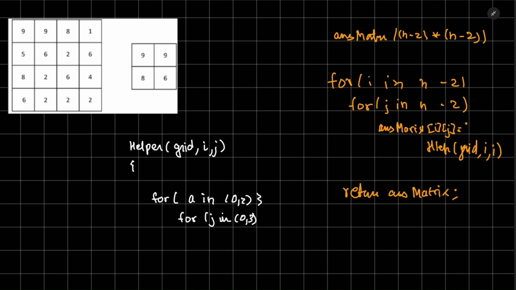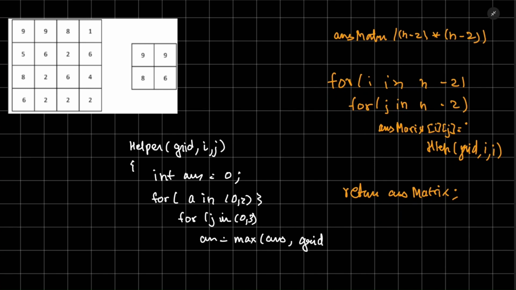And in this loop, we'll have to find the maximum element. So let's have a variable answer and initialize it to 0, because the minimum element can be 1 because of the constraints.